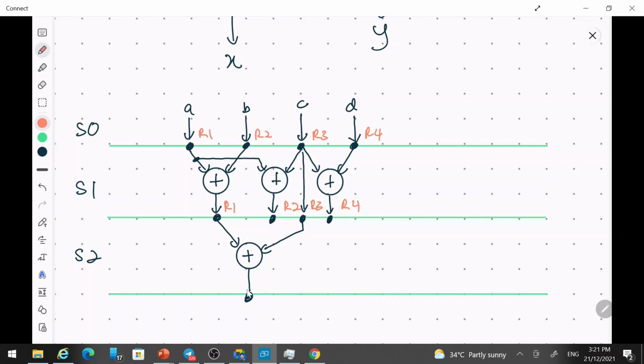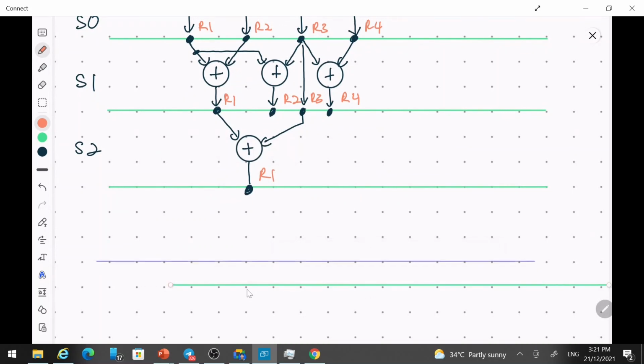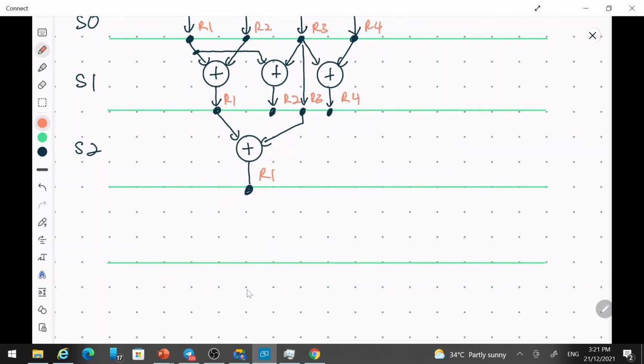We can use R1 to store the result of this, and the last operation will be this: multiply with E, then we get the result in R1, which is X.